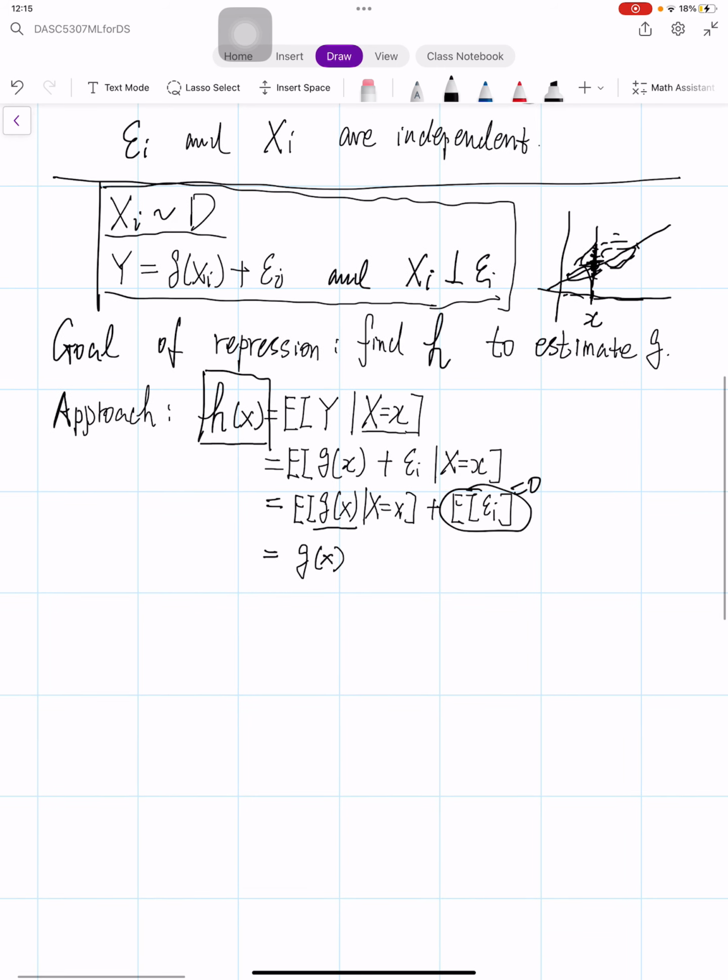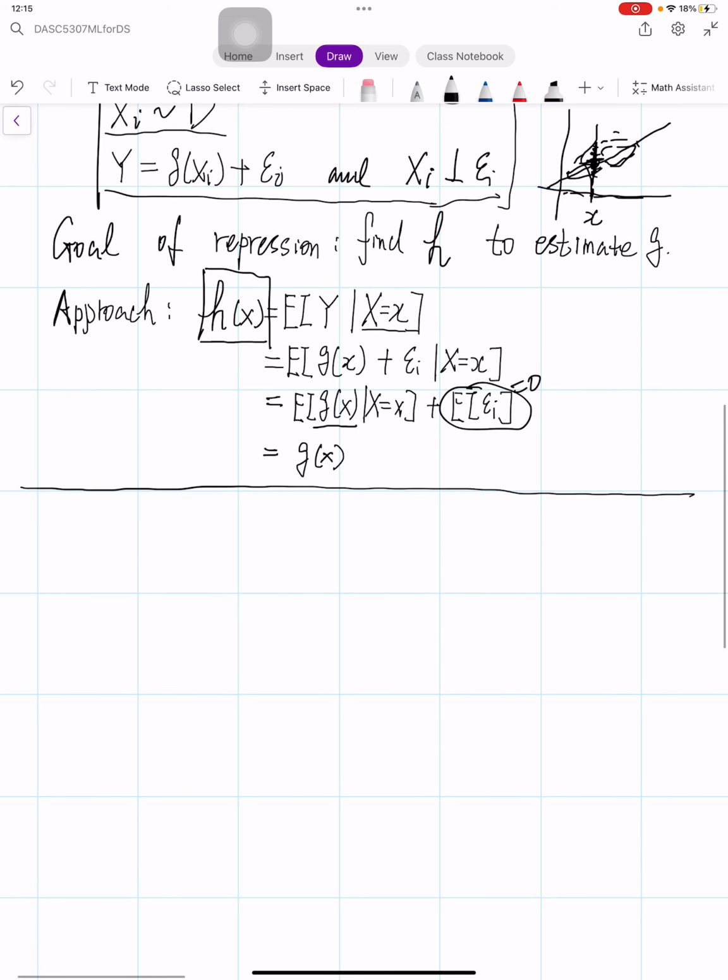So now let's check more detailed examples. This is just the general idea, but now I will give you two demonstration examples. The first one is the least square cost function from maximum likelihood.